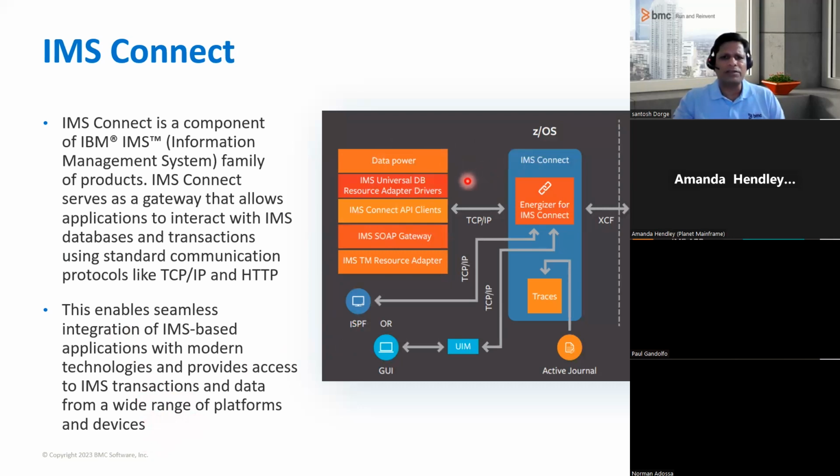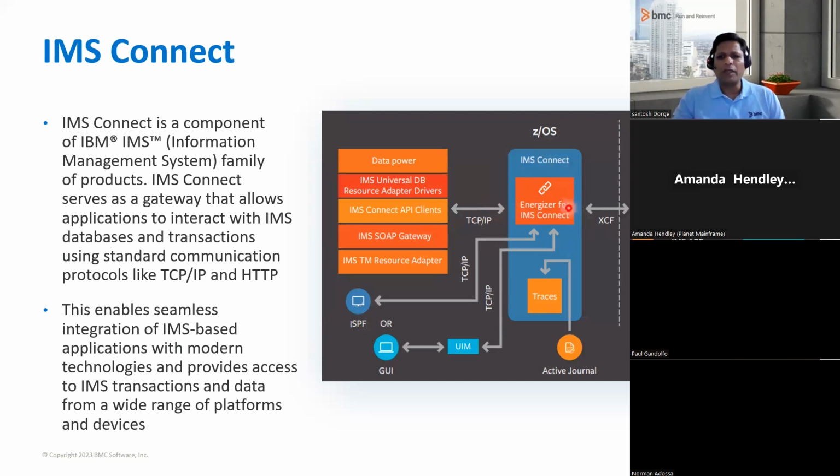In the picture, you can see applications or interfaces like DataPower, Universal DB Resource Adapter driver, IMS Connect API clients, or the SOAP Gateway. An IMS TM Resource Adapter can communicate with the IMS Connect address space over TCP/IP.